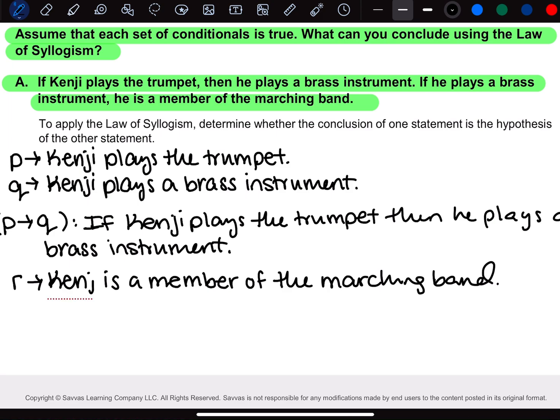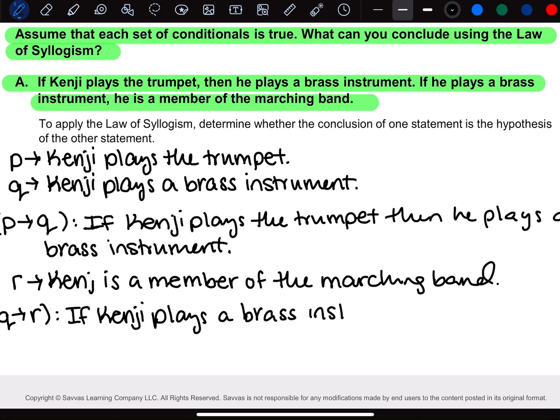That new statement, if Q then R, would be: if Kenji plays a brass instrument, then he is a member of the marching band.